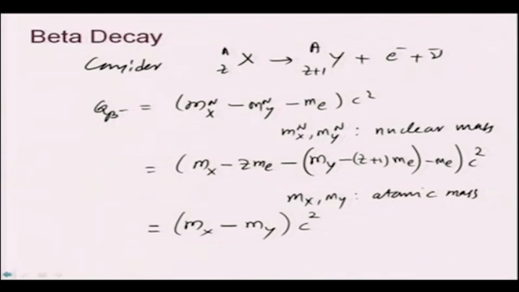There are Z electrons in the X atom and Z electrons in the Y atom, cancelling each other's contributions, and the atomic binding energy is very small compared to the other energies that we are considering here. The Q factor itself is of the order of MeV, and the atomic binding energy is in terms of keV, a few keVs.